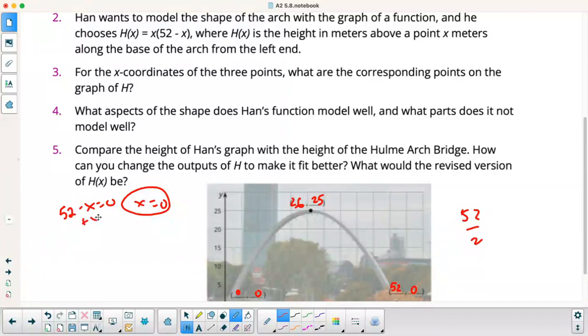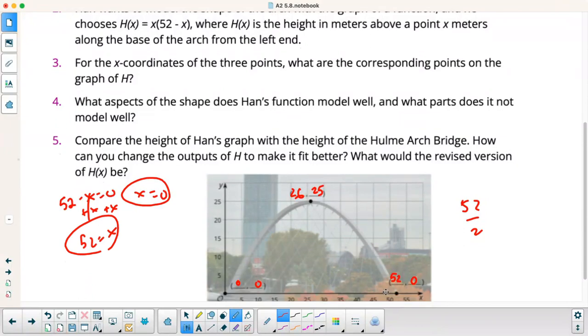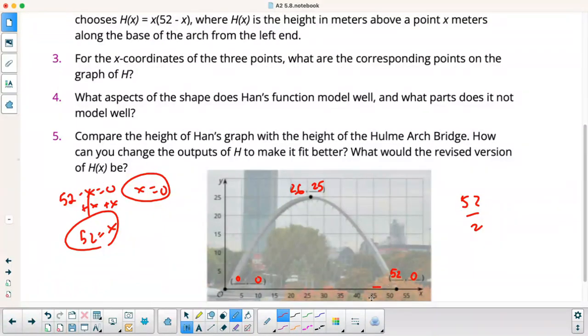For this one, if I add x to both sides, I get 52 equals x. Those are my x-intercepts, where it crosses the x-axis. And if I distribute this out, it would be 52x minus x squared. That negative x squared as the highest power is what gets us the parabola opening downward.